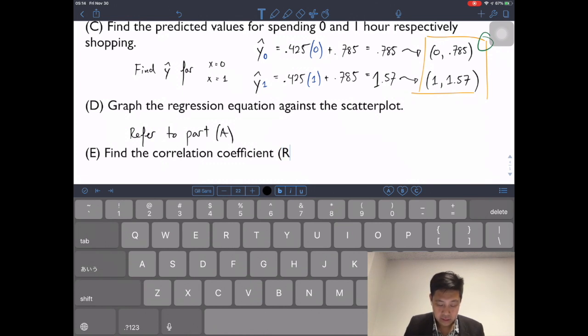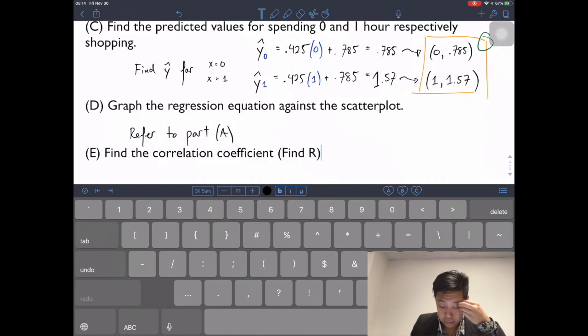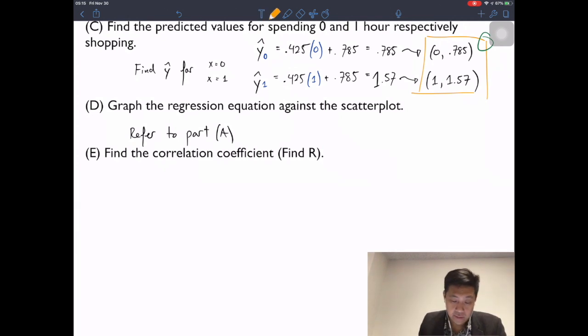Find R. Maybe a lowercase r. It depends who you're talking to. Now this one has, unfortunately, a big equation as well. I'll write it down here for reference.